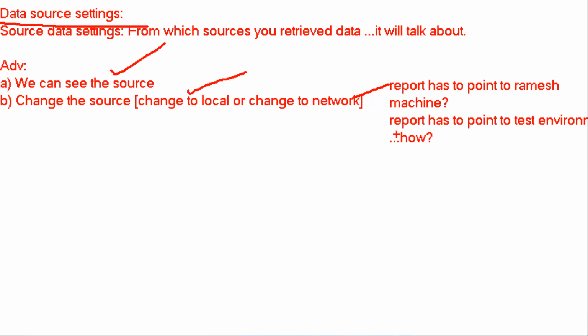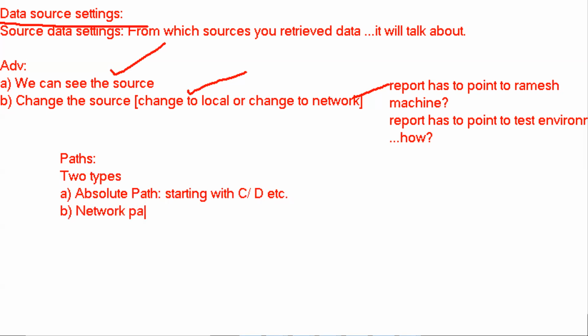If you want to change the folder at the network level, to somebody else's machine, we compulsorily need to create a network path. So paths are of two types. A, absolute path, which starts with the C drive, D drive, etc. B, network path: slash server name or IP, slash folder name, slash file name dot something.